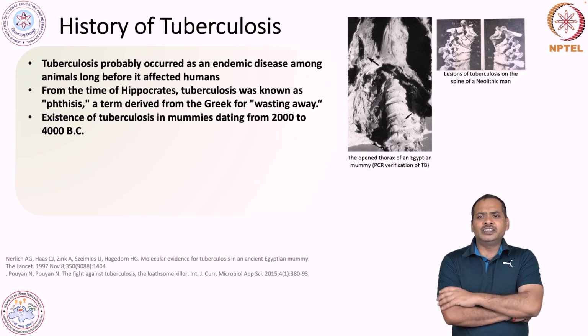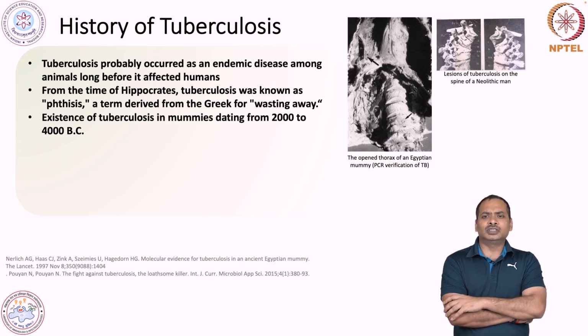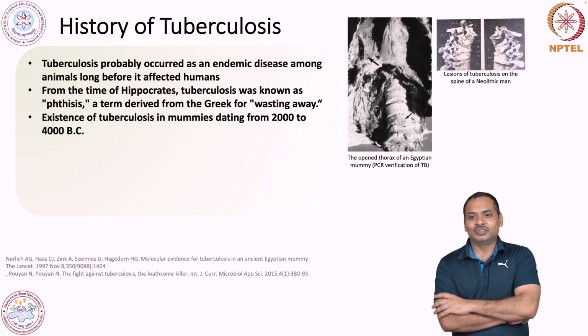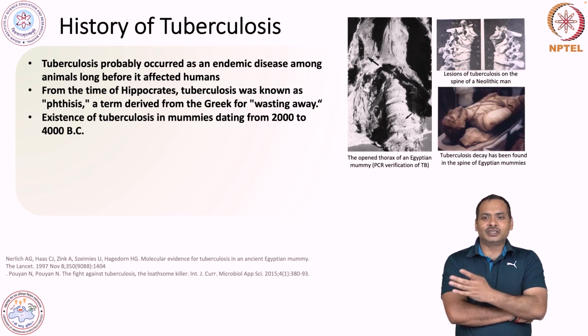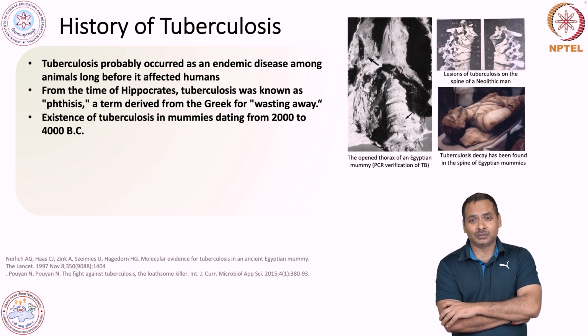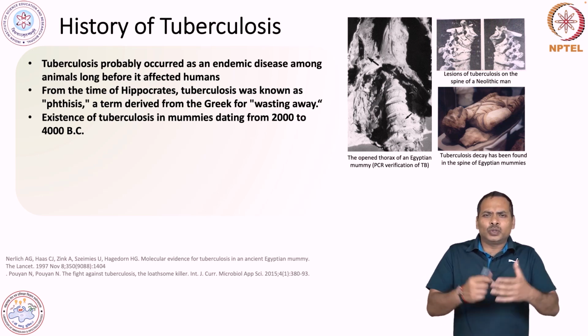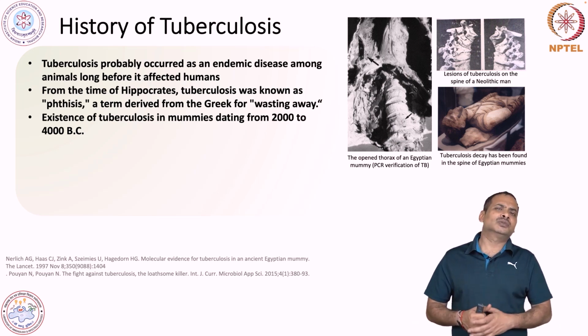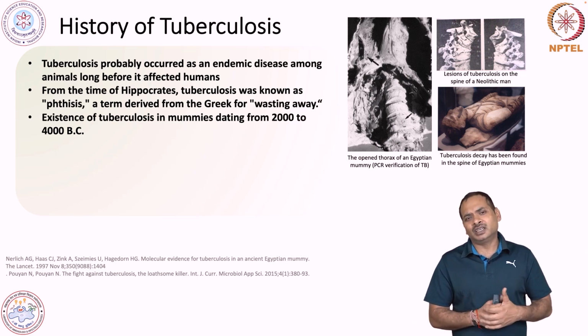Here you can see a lesion of tuberculosis on the spine of a Neolithic man. It's extremely old. And here tuberculosis decay has been found in the spine of an Egyptian mummy. So this clearly demonstrates that this pathogen has been present from quite early times.